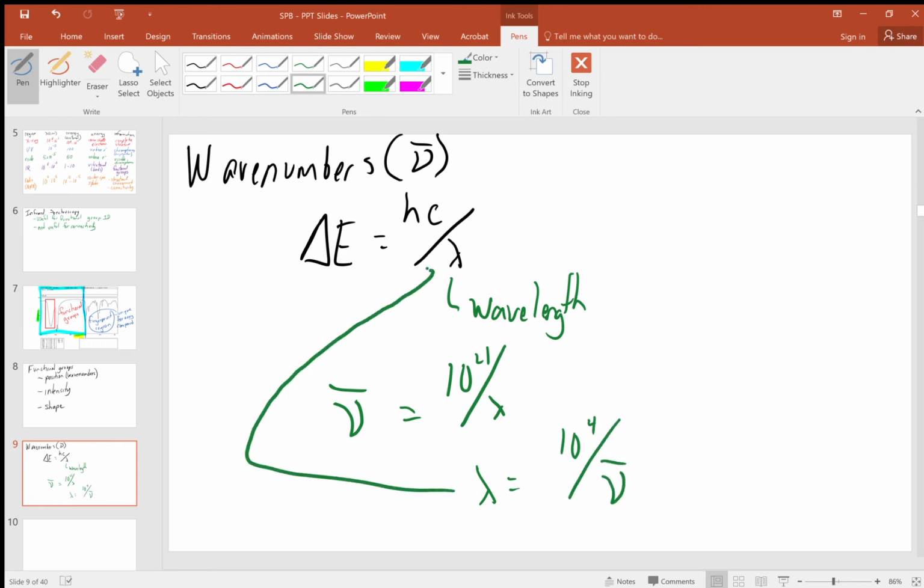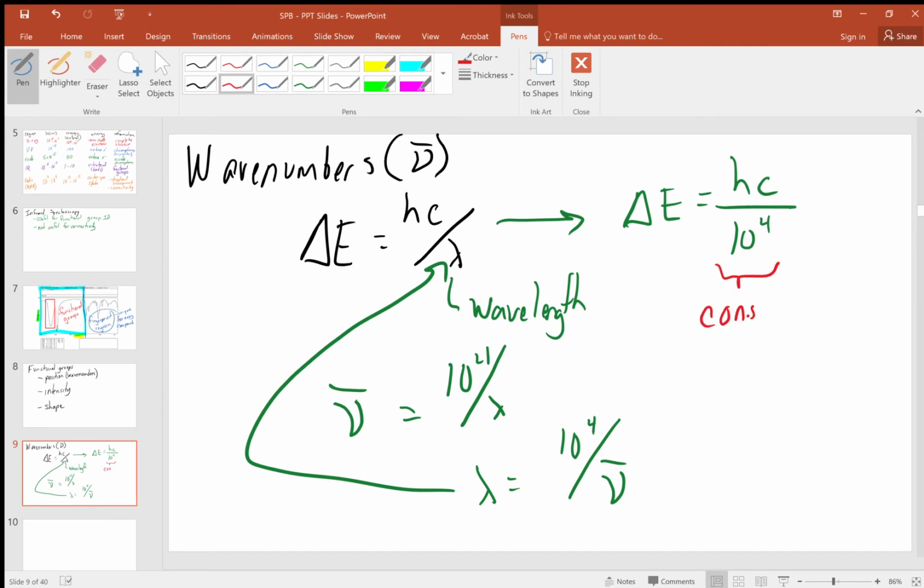We can substitute this into the equation, and we get that delta E is equal to hc over 10 to the fourth, which is all constant, times the wave numbers. And so the important piece here, for the moment, is that the energy required is directly proportional to the wave numbers.